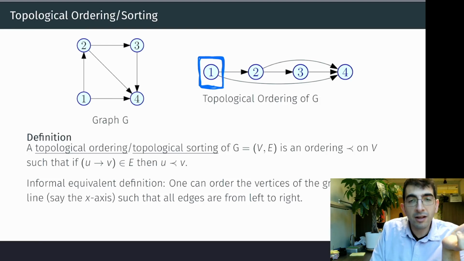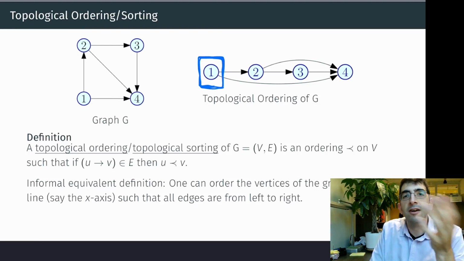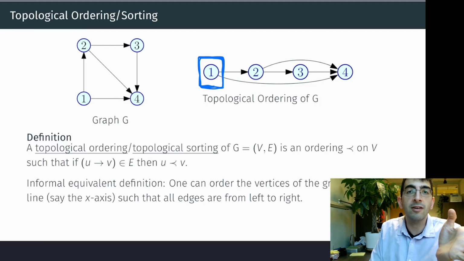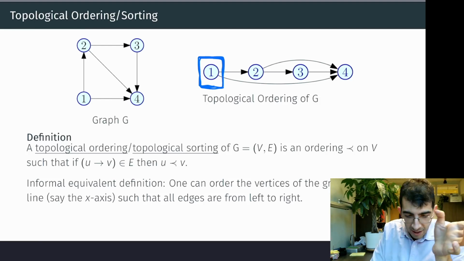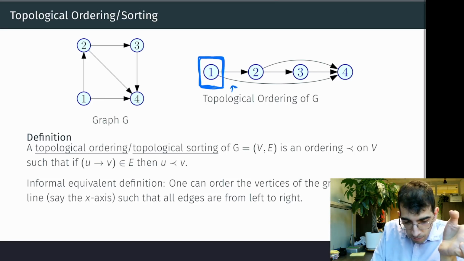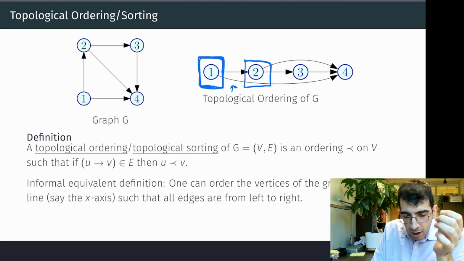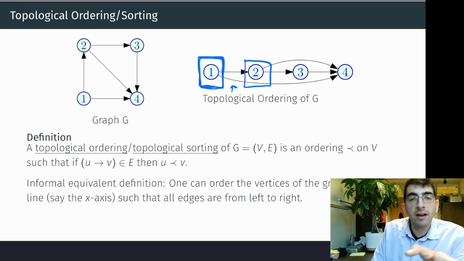The leftmost element has to be a source in the graph, no incoming edges. Then the next element could be a different source, or it could be a node where the incoming edges are only from vertices to the left of it.